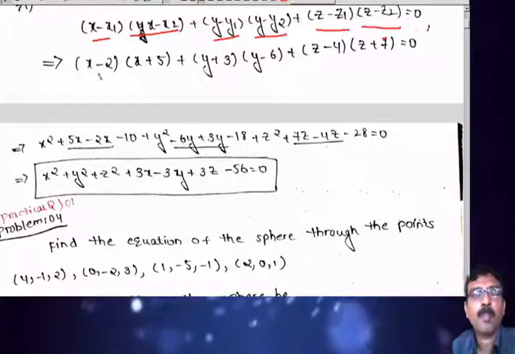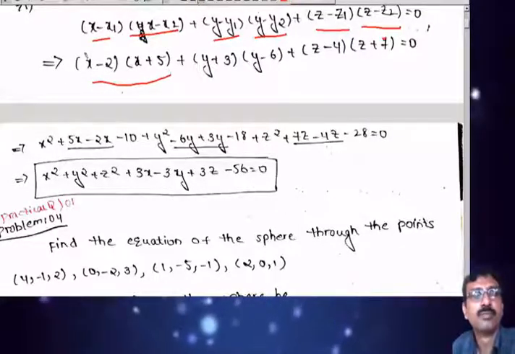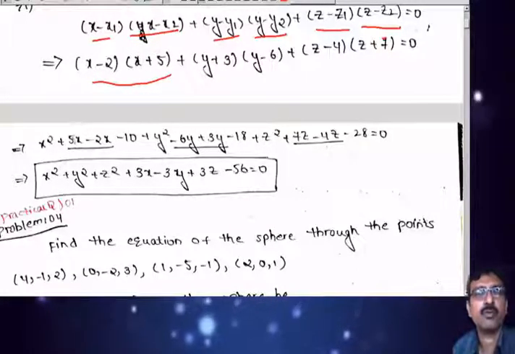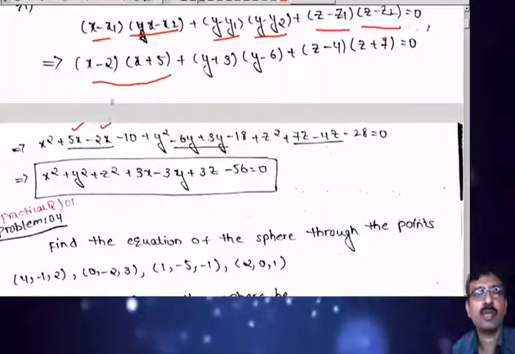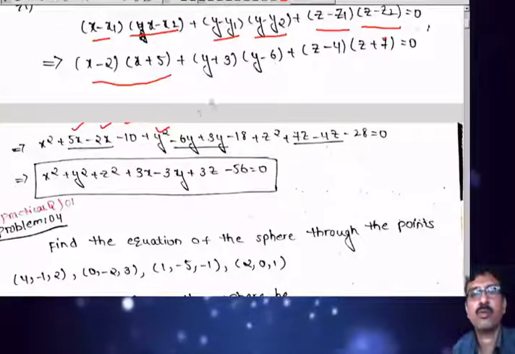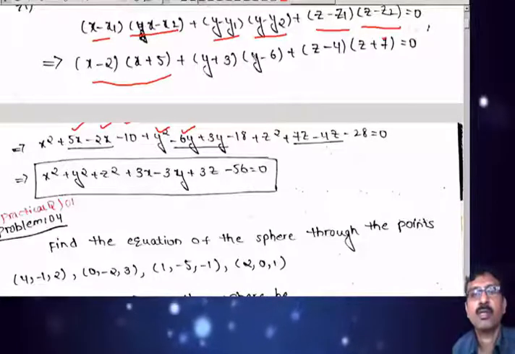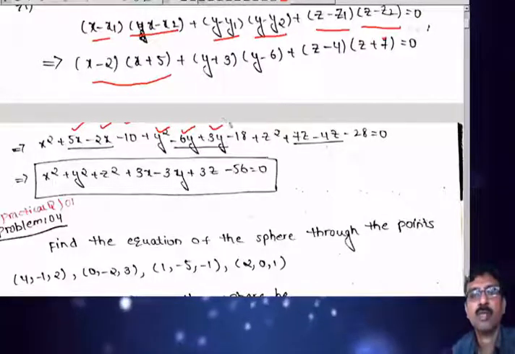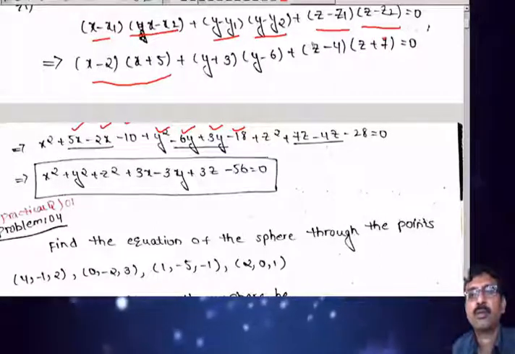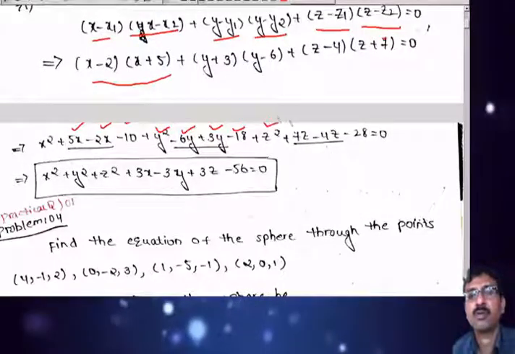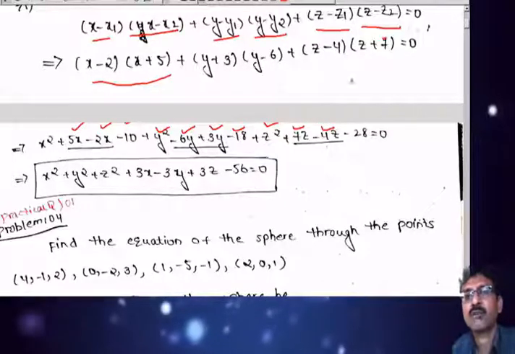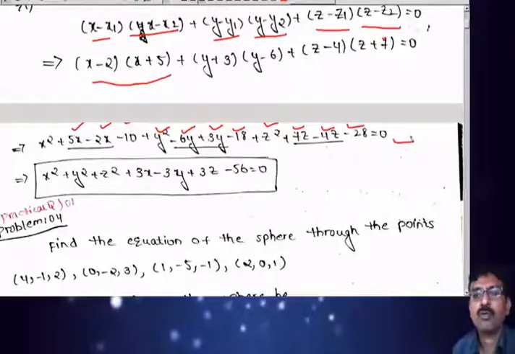On simplification, just by multiplication: x into x is x square, x into 5 is 5x, minus 2 into x is minus 2x, minus 2 into 5 is minus 10, and y into y is y square, y into minus 6 is minus 6y, 3 into y is 3y, 3 into minus 6 is minus 18, plus z square, z into 7 is 7z, minus 4z, minus 4 into 7 is minus 28, equal to 0.